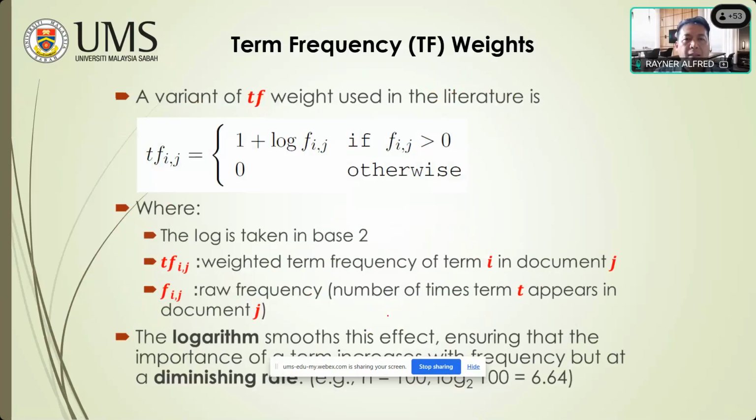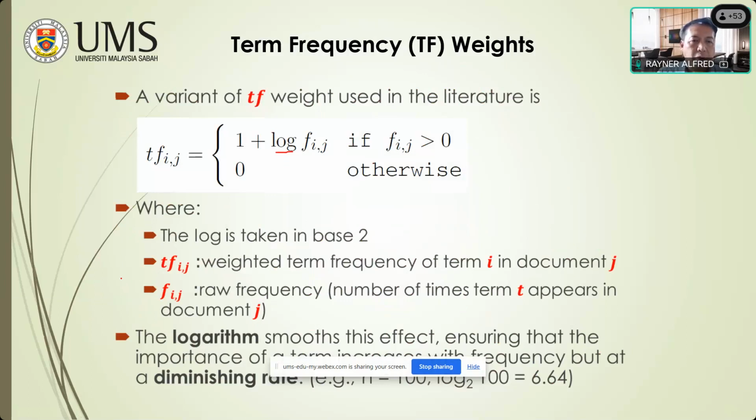Okay? But we have another variant of the term frequency in which we use log. The reason why they use log is to reduce the bias, I will explain later on, and also to reduce the magnitude of the number here.